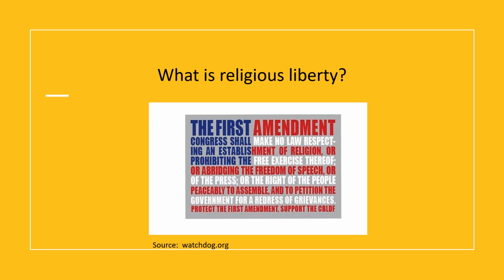The first being this protection from Congress may not make a law that establishes a religion that, for example, compels people to practice a certain religion or to identify with a certain religion.